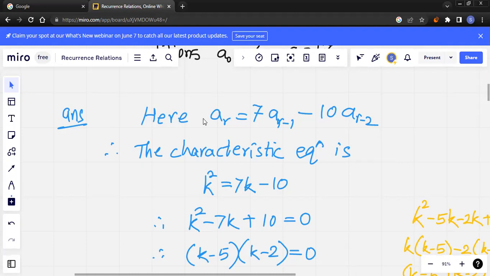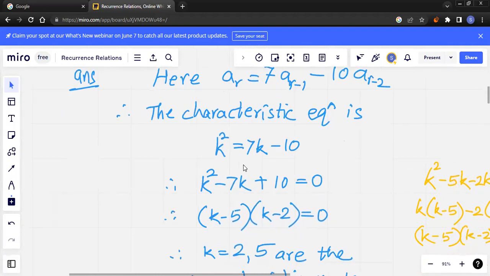We are going 2 steps ahead. If I treat this as 1, this is k and this becomes multiplied by k, so k square. So we have written the equation as k square equal to 7k minus 10.